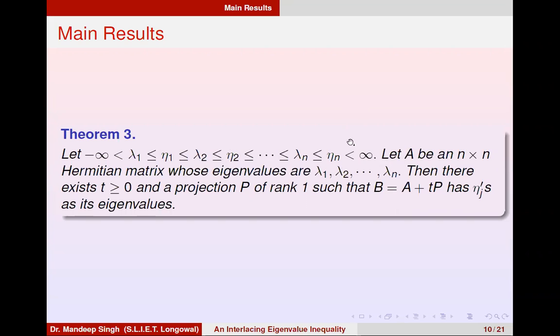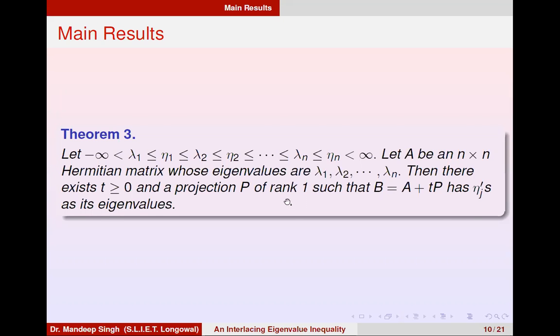Then we are to realize two matrices. One is A, whose eigenvalues are exactly lambda j's, and the other should be a one-dimensional perturbation of A, which has exactly eigenvalues as eta j. This is what I wanted.